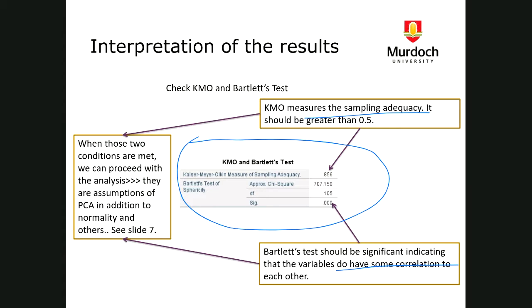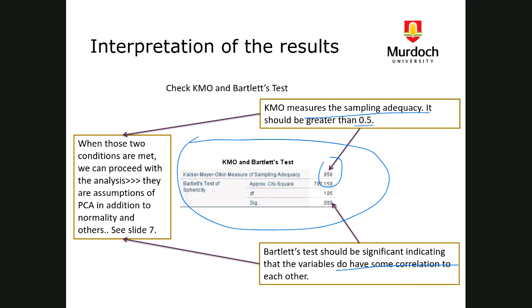In fact, we don't need to count, because KMO tells us if this result is greater than 50, not 5, 50. Be careful. If KMO is greater than 50%, this means sampling adequacy.